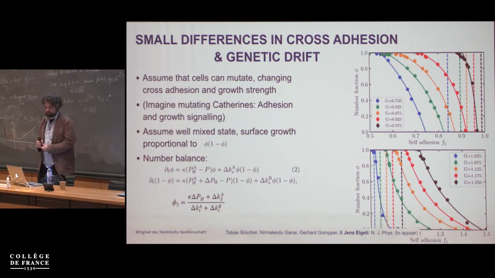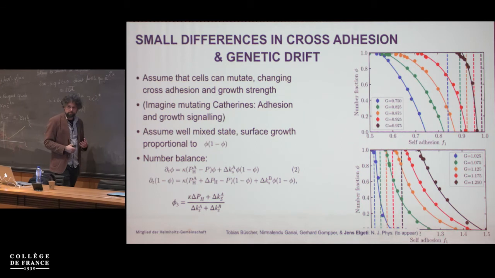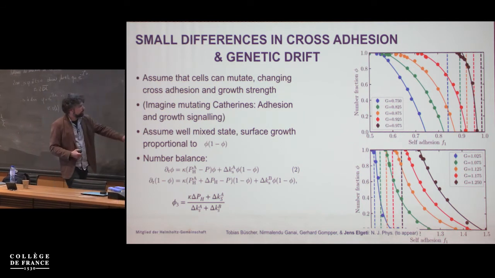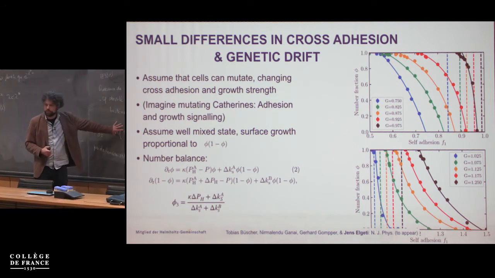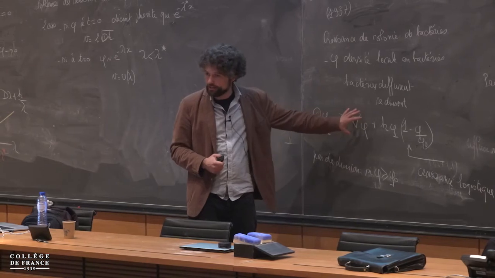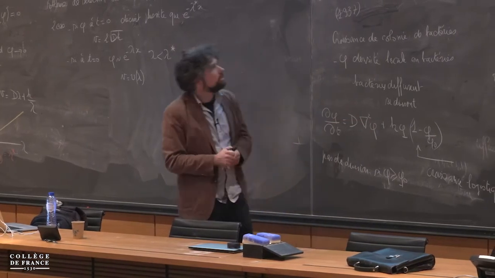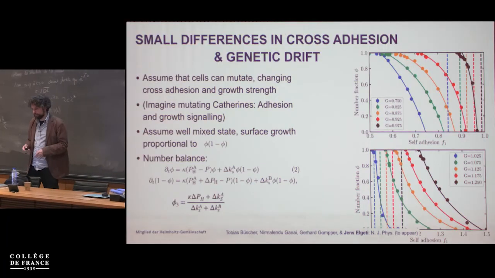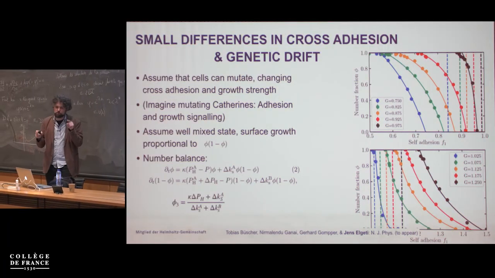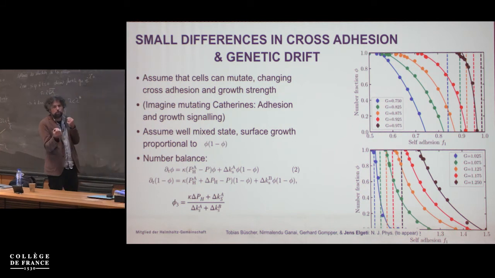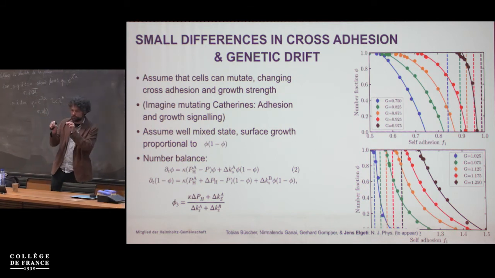The cool thing is we can understand this again by this sort of number balance theory that you learned about today, right? Just add the mechanics part that you will learn next week. What you have to do, though, is say there is some term that is proportional to the interaction between the two phenotypes, okay? Because we said this is because A doesn't adhere to B or vice versa.